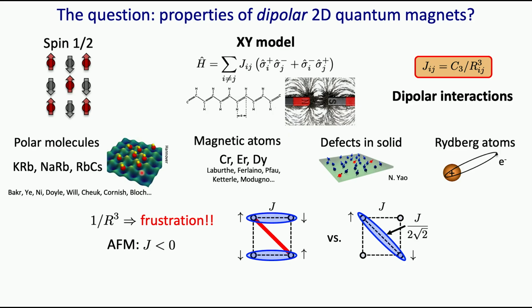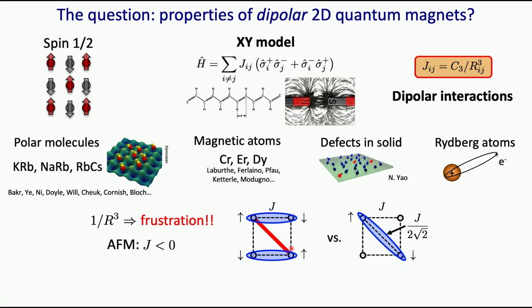It brings frustration. To illustrate that, let's consider this example of a square where you have an antiferromagnetic interaction. The antiferromagnetic interaction is going to favor an antiferromagnetic ordering along all the edges of the square, which leads then to a ferromagnetic ordering along the diagonal.